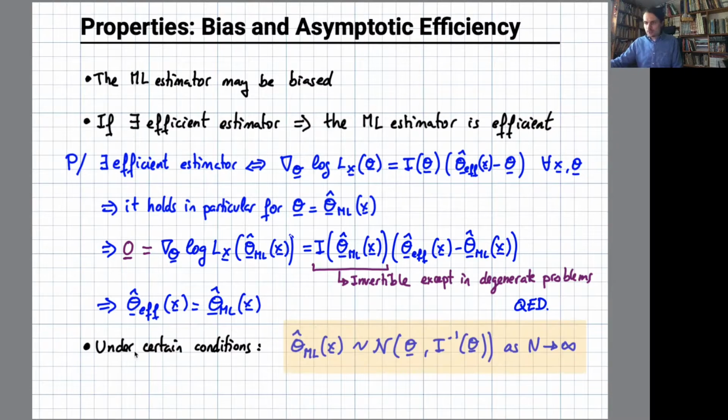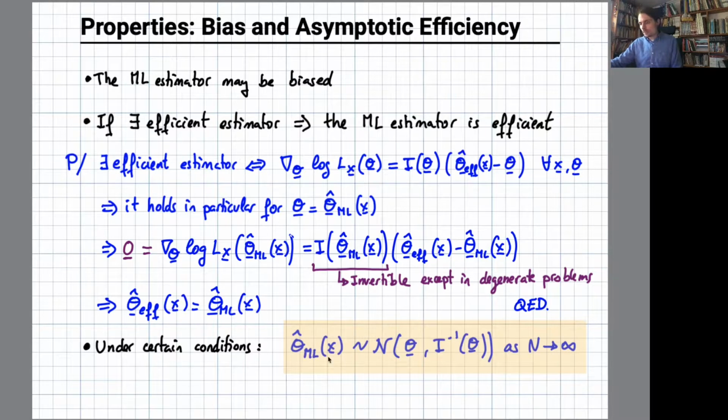And another very important property is the so-called asymptotic efficiency, right? So remember that an efficient estimator is an estimator that attains the Cramer-Rao lower bound, which is given by the inverse of the Fisher information matrix, right?